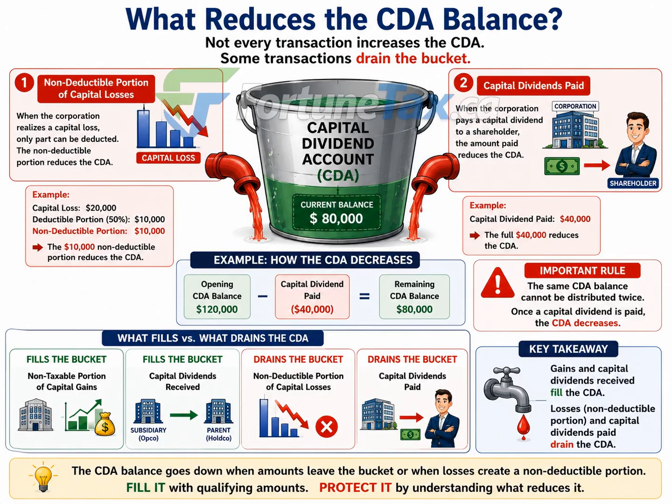A simple memory rule is this: gains and tax-free additions increase the CDA. Losses and capital dividends paid decrease the CDA. In the next slide, we'll bring everything together and see the complete CDA formula, including how additions and reductions combine to determine the final CDA balance available for future tax-free capital dividends.